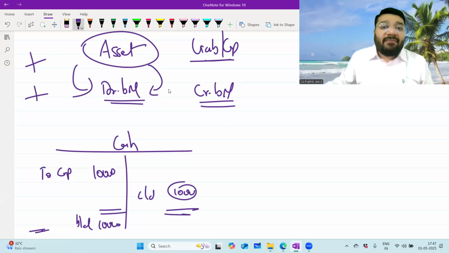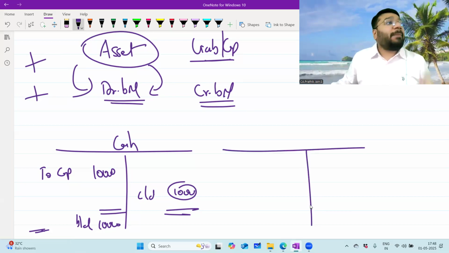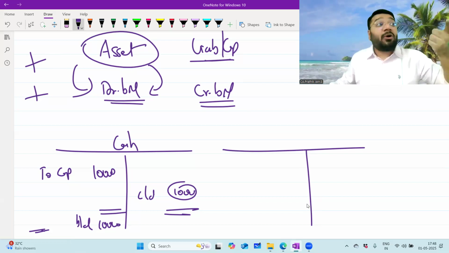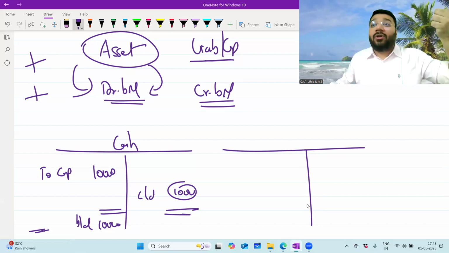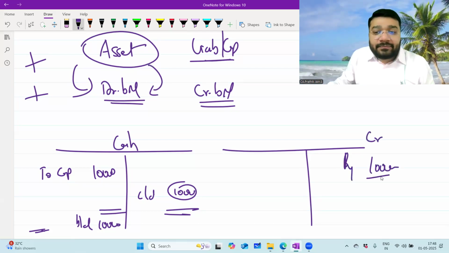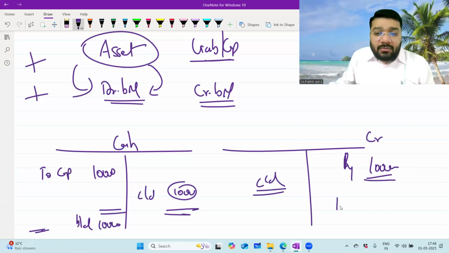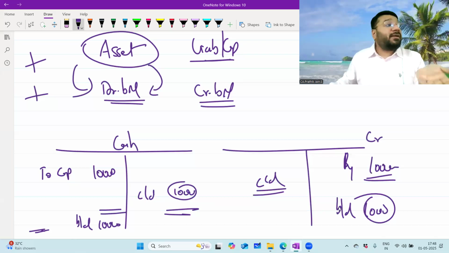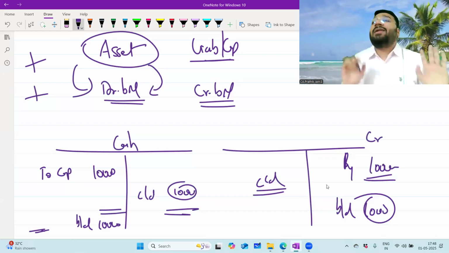Same way, capital account is a natural personal account. Debit the receiver, credit the giver. The opposite person is giving, always from the opposite party's point of view. So credit capital by cash 10,000. Carry down 10,000, brought down 10,000. The rule says to increase capital, credit. So naturally it will have a credit balance.